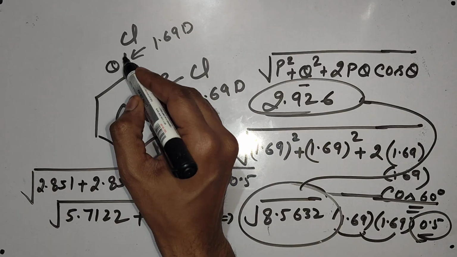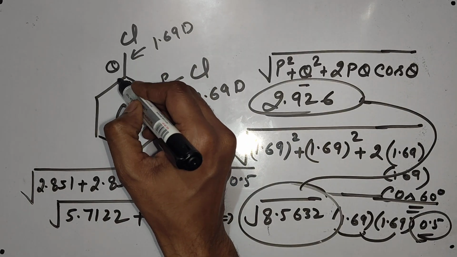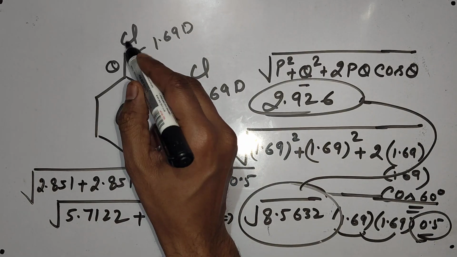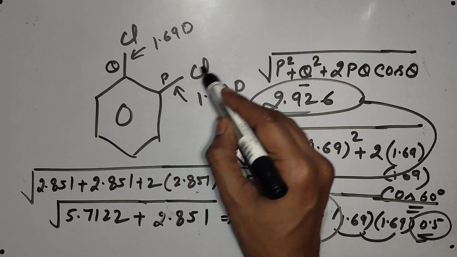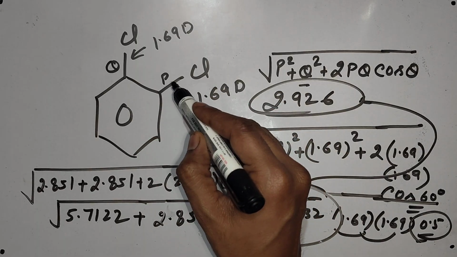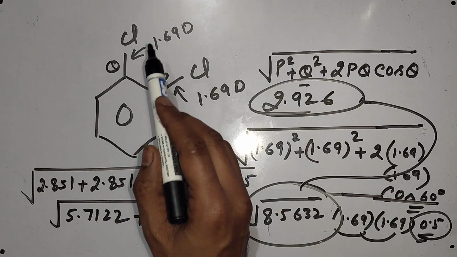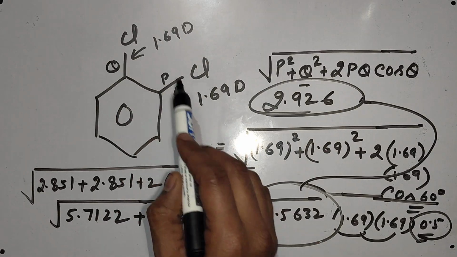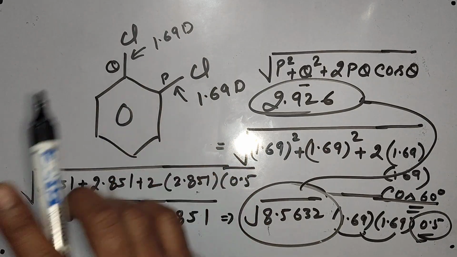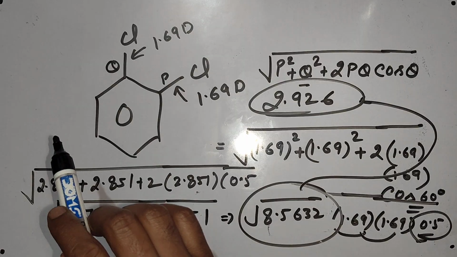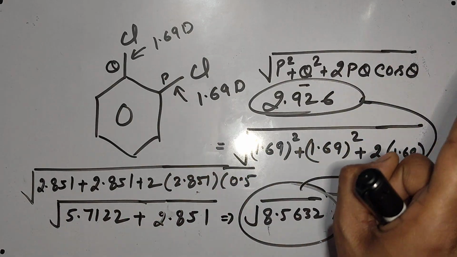Because dipole moments are vector quantities, this is the first vector, this is the second vector. Obviously, to find the dipole moment of the overall molecule, we have to add their dipole moments. Because they are vectors, we can't directly add them. We have to apply the parallelogram law.